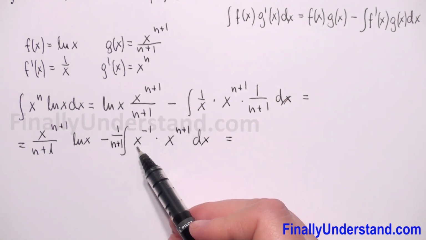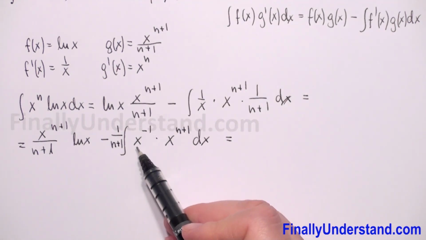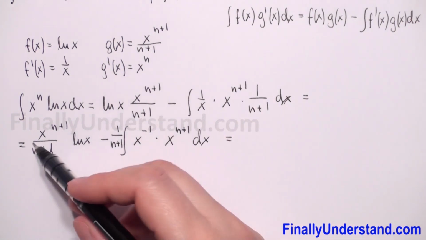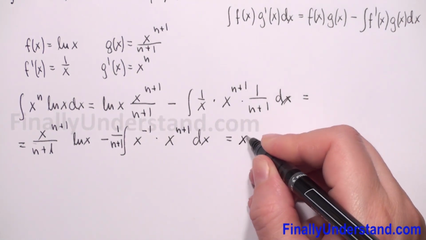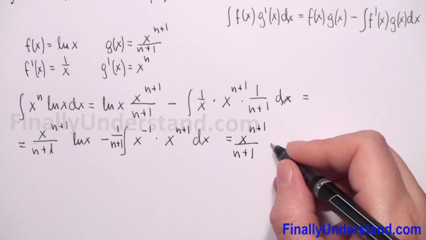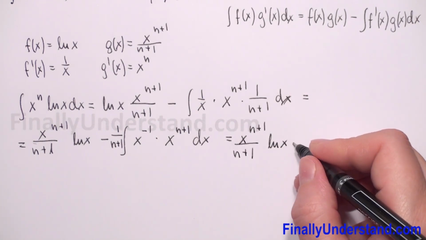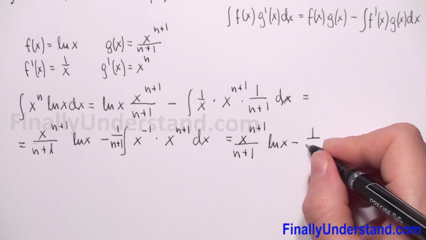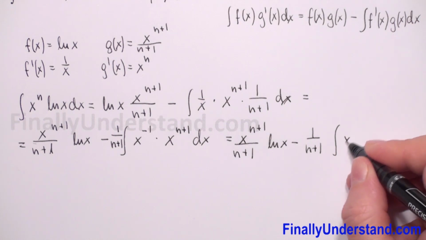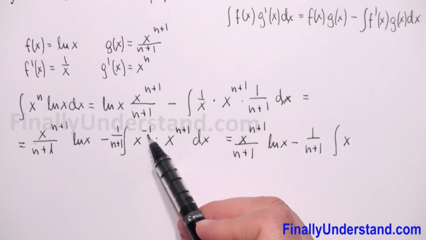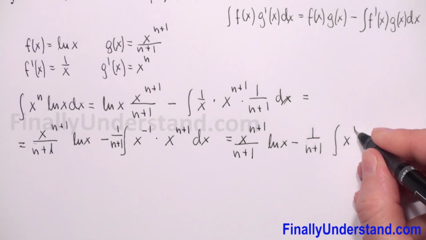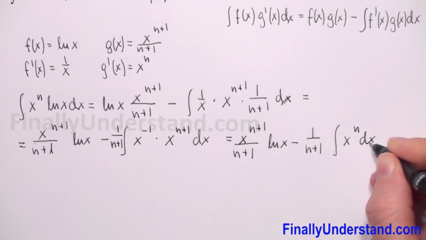Now we have here multiplication and we have the same base, so we will add exponents. Let me copy the beginning: x to power n plus 1 over n plus 1 natural logarithm of x minus 1 over n plus 1, and we will have integral of x to power negative 1 plus n plus 1. This is n, with respect to x.